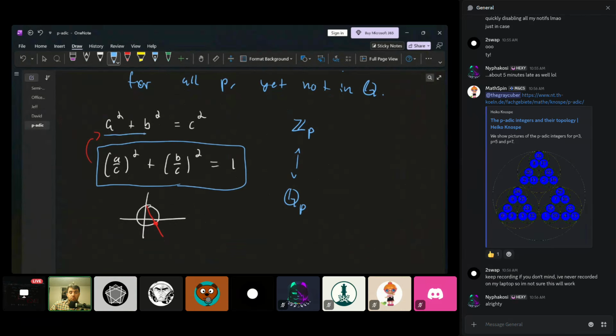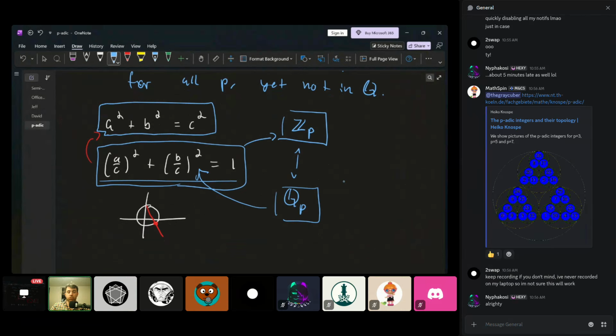Maybe you ask, what do solutions to this equation look like over the p-adic numbers? And based on your knowledge of how to do this for rational numbers, you might say, why don't I go over to Q_p for a second, think about what this would be in some geometric sense, and see if I can recover my integer solutions from that.